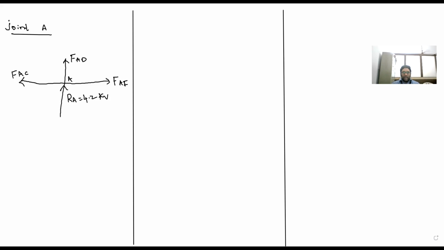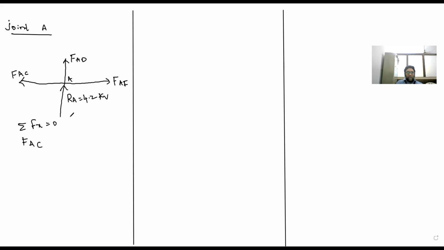We get sigma Fx equal to 0, sigma Fy equal to 0. So let us try to take this. Sigma Fx is equal to 0. So what all do we have? FAC.